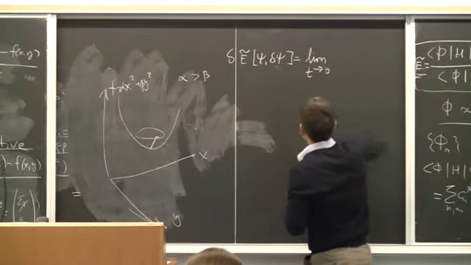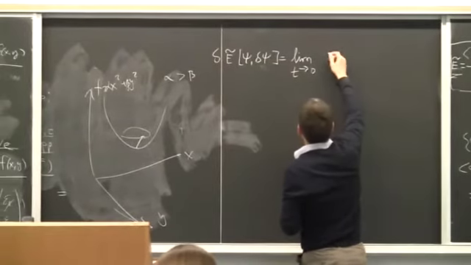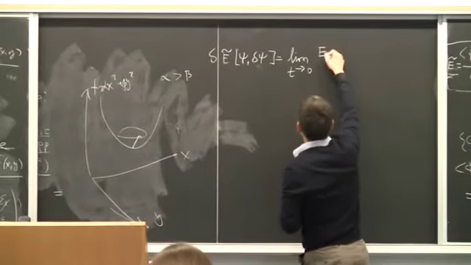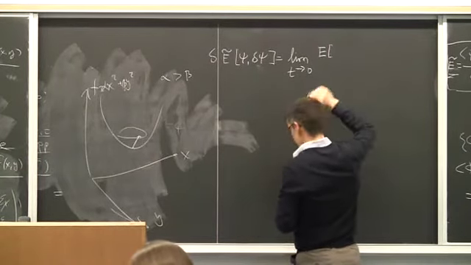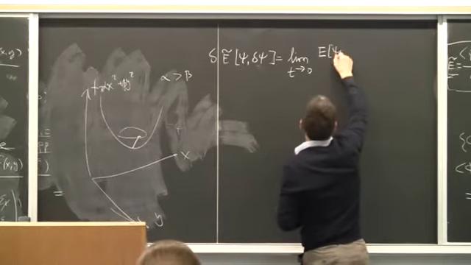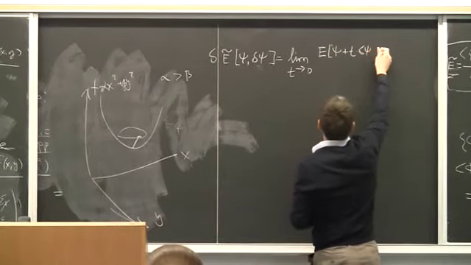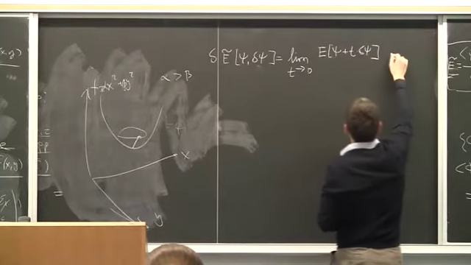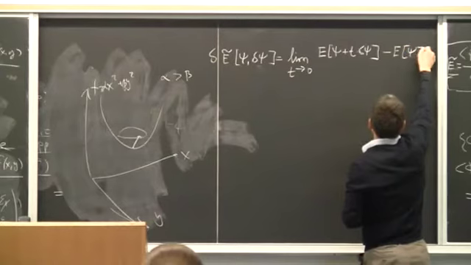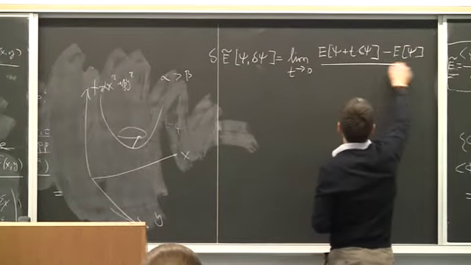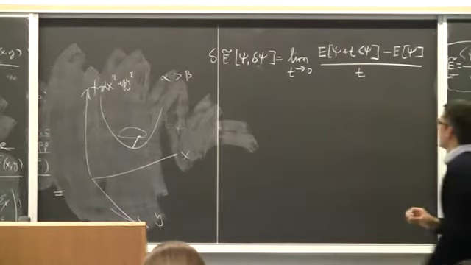We use, again, t as a scaling parameter, and then we take a difference between e of psi plus t times delta psi, minus e of psi.